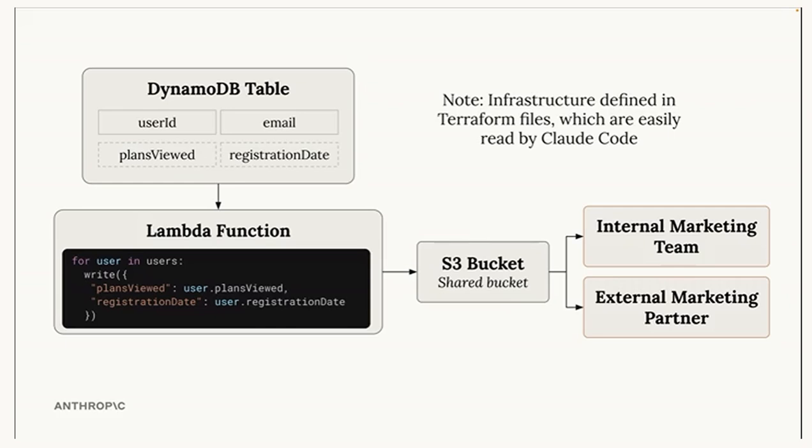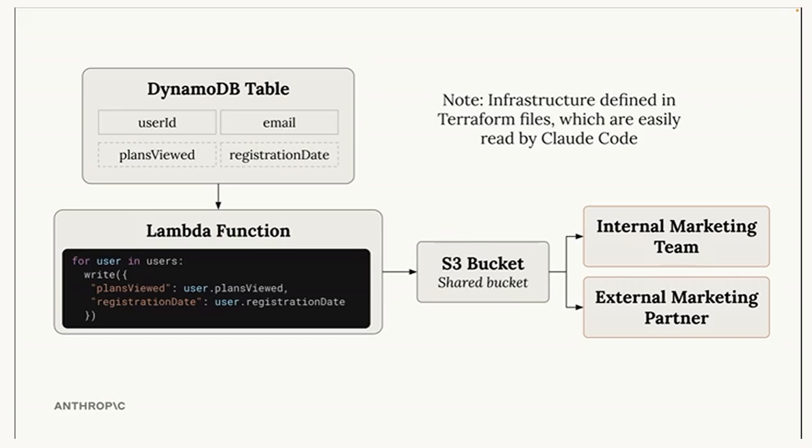Now let's imagine that in this app, I have a DynamoDB table. And if you're not familiar with those, it's kind of like a normal database table. Inside there, I'm storing some different information about users, including maybe plans viewed and a registration date. And for maybe some reason, we want to share just that plans viewed and registration date information with some internal marketing team, but also some external marketing team as well.